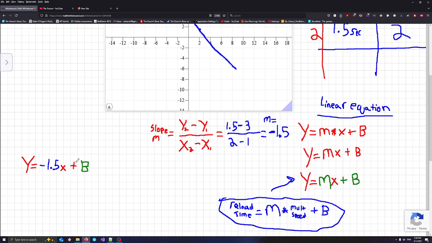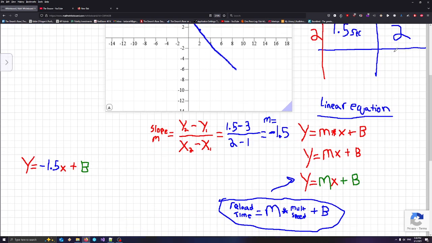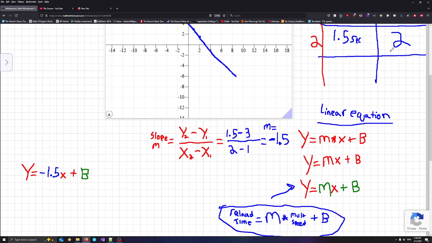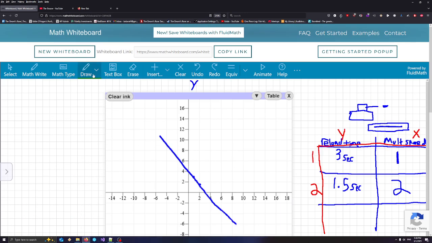So we'll go with our 3 and our 1, I believe. Yeah, that's a good idea. So let me go back to my blue color.